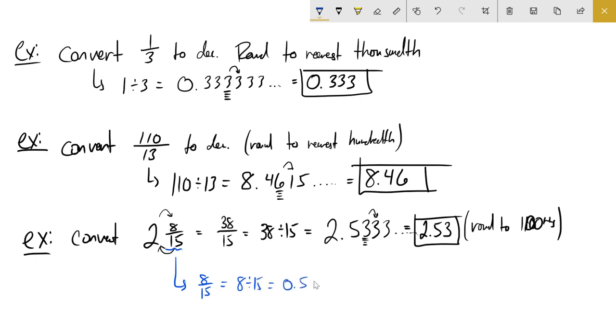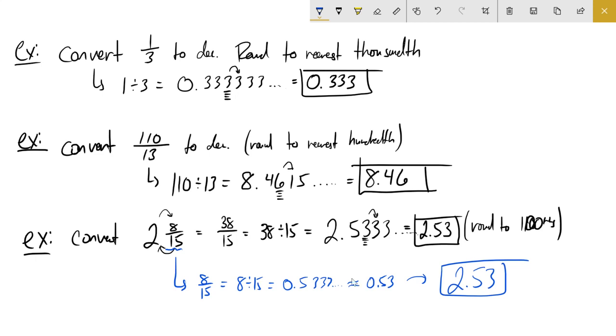You plug it in your calculator, it's 0.533333, which we would round to 0.53. And so then we know our answer is going to be 2.53 because we already know what the whole value is going to be. We just have to figure out what the decimal side is going to be. So you can skip the improper step and just go straight to the fraction part. Either way, it's fine.